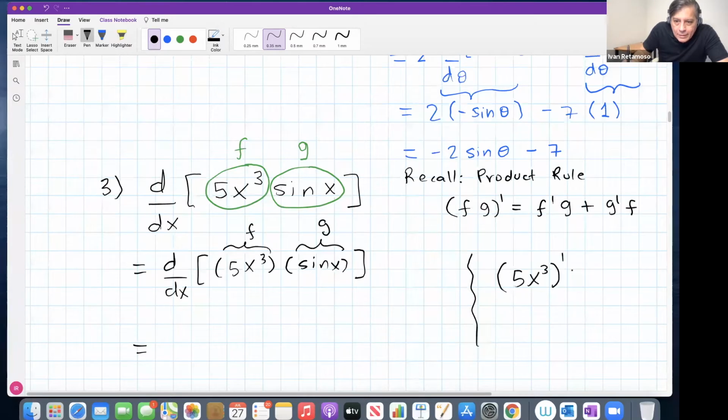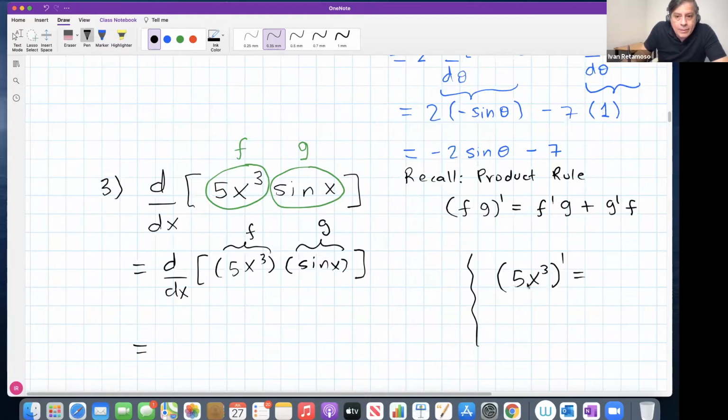The derivative of 5x cubed. Anybody could tell us what this derivative is, the one that we're going to start with? In the chat or verbally. I see. Very good, Adriana. Very good, Oscar, Sarah. I see you guys are sharp. Taking the derivative of monomials and polynomials should be something that you do quickly, right?